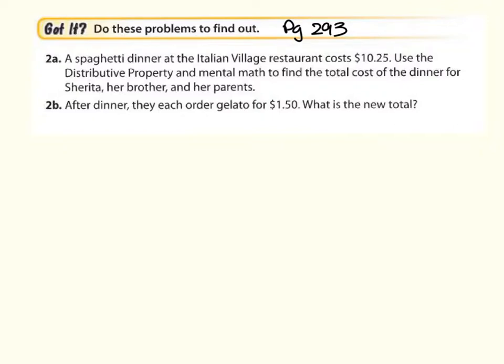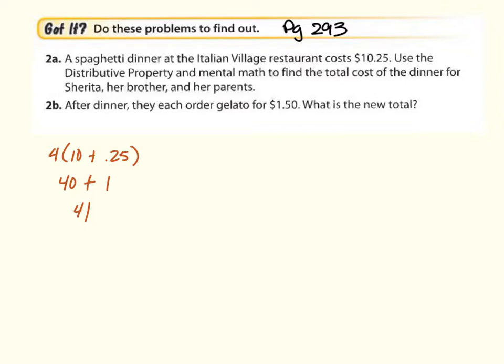That's 4 people. So if we look at 4 people times 10 plus 25 cents, we can clearly estimate that 4 times 10 is 40, and 4 times 25 cents is just $1. So we can easily estimate that dinner is going to cost $41.